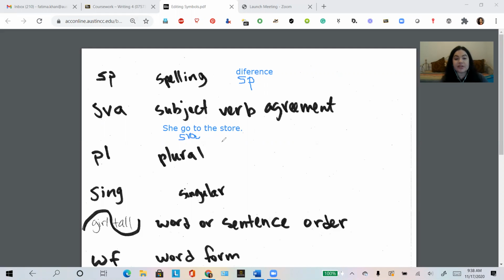So you need to check yourself and ask, what is the subject of this sentence? Is it singular? Is it plural? Is it a he, she, it? Is it a they, right? And then make sure that the verb agrees. I'm going to clear this off.